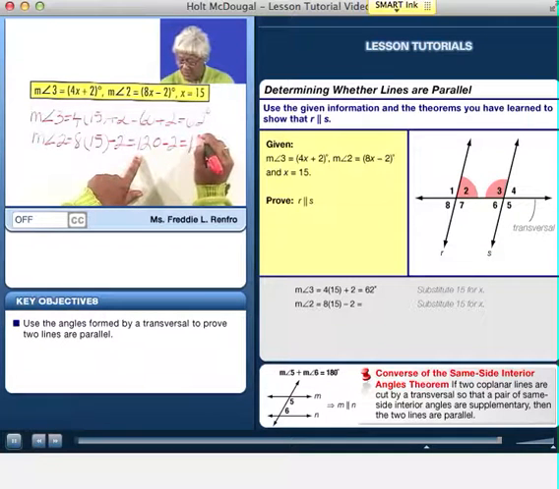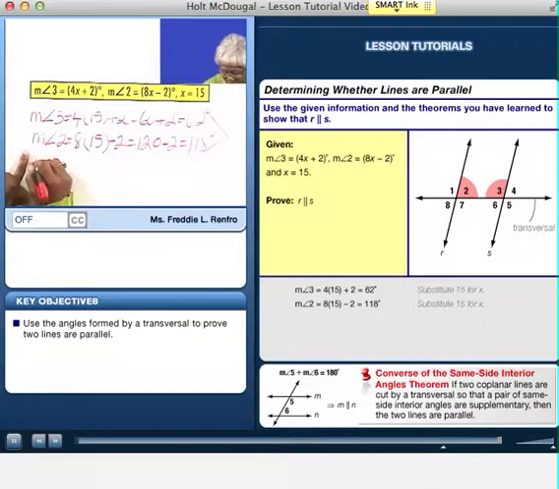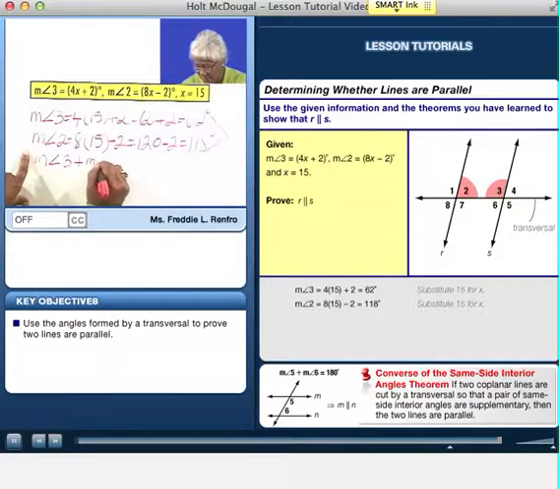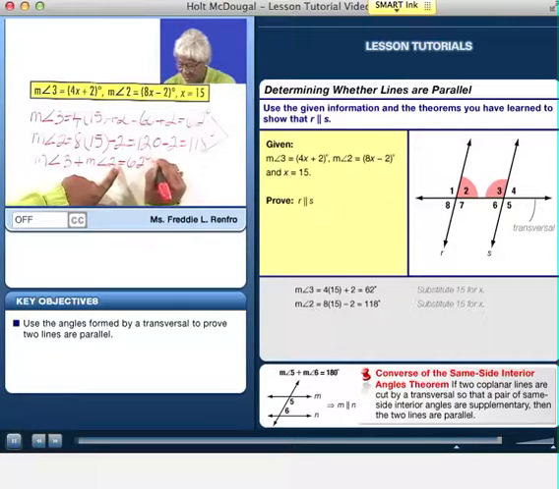We get 118 degrees. Well, look at that. Do those two angles add up to 180? Yes, they do. So we can now say that the measure of angle 3 plus the measure of angle 2 is equal to 62 degrees plus 118 degrees, which is what? That's 180.